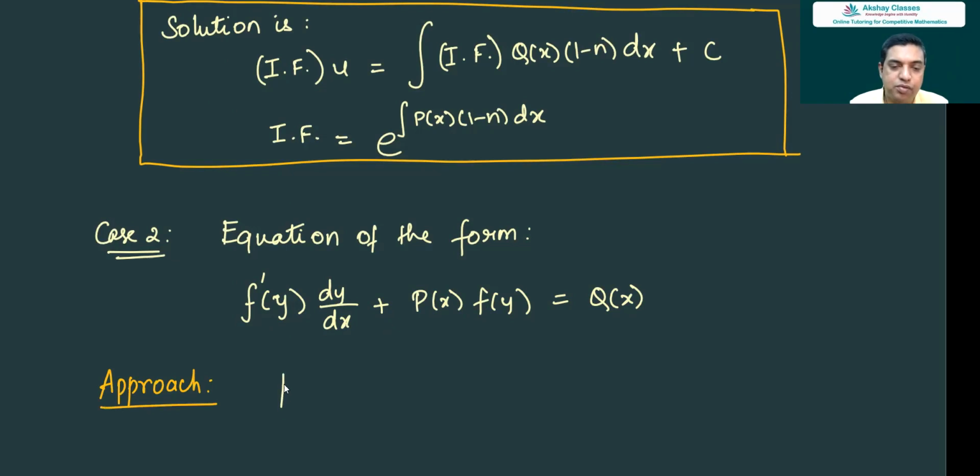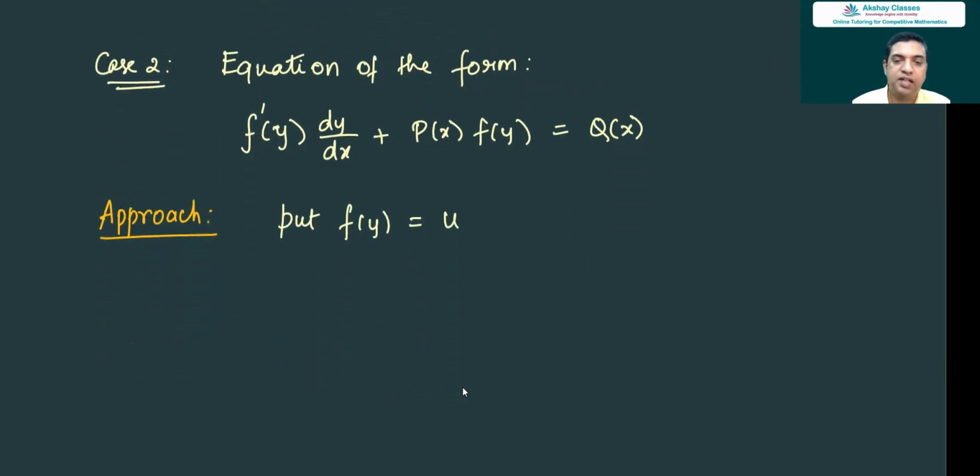Substitute f of y is equal to u. Then f dash y dy by dx is equal to du upon dx.